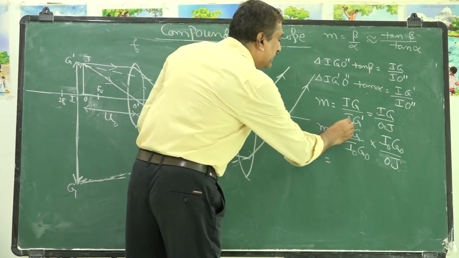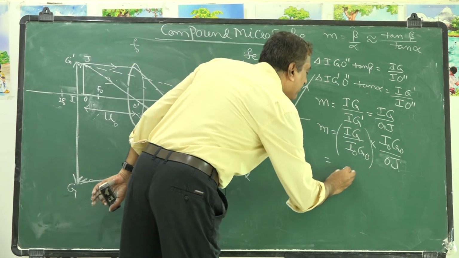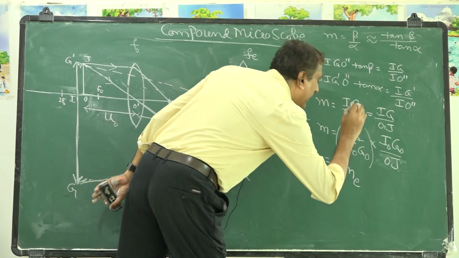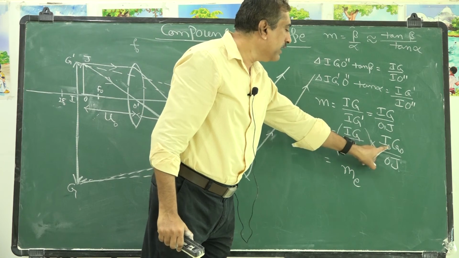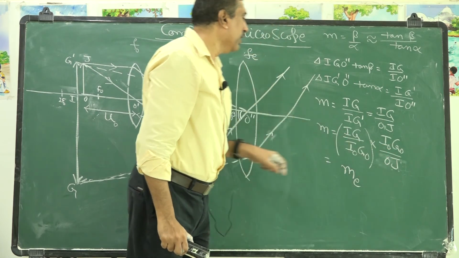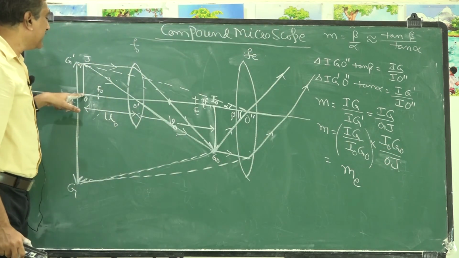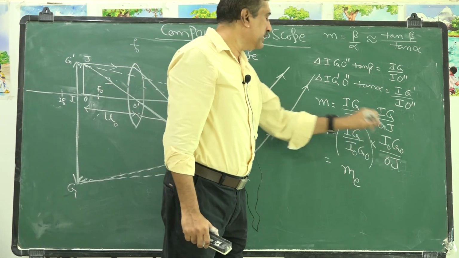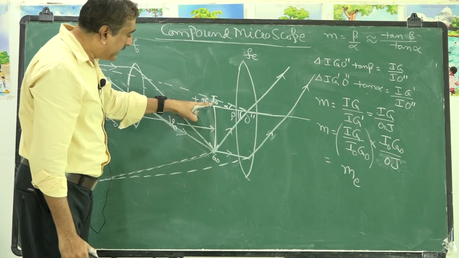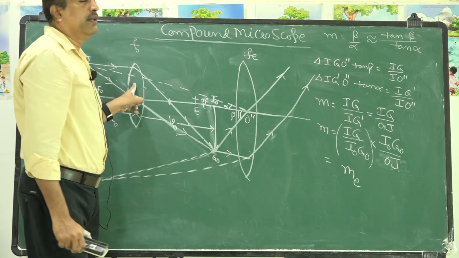So this is the magnifying power of the eyepiece, and this other ratio is I naught G naught by OJ. OJ is the object's height for this objective lens and I naught G naught is the height of the image formed by this objective lens.